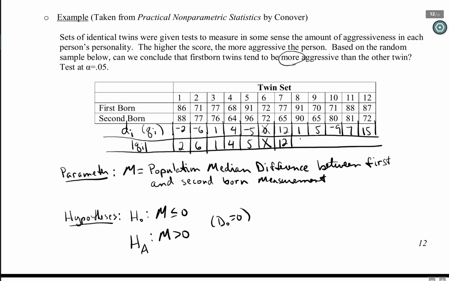Absolute value of 12 is 12. This is 1, 5, positive 9, 7, and then 15. Okay, and now I want to rank these. Kind of out of space here, but I want to rank these.